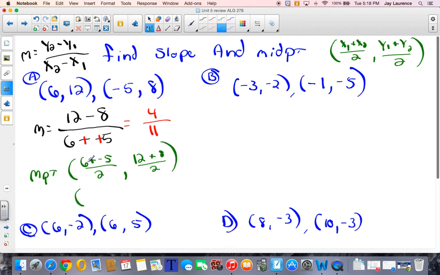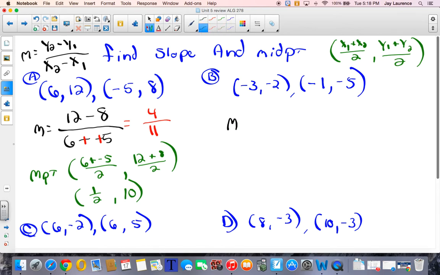And so in this case, I'm going to get 1/2, I'm going to get 10. My midpoint of the segment that would have endpoints here and here is going to be 1/2, 10. Okay. If you want, you can pause the video at any point and try these. You don't have to watch me do them. All right, I'm going to go a little bit faster now.